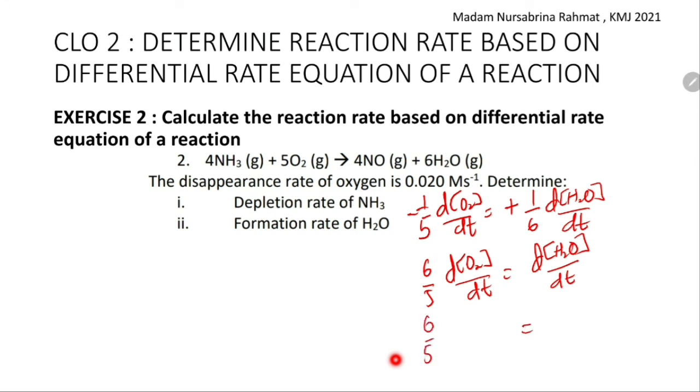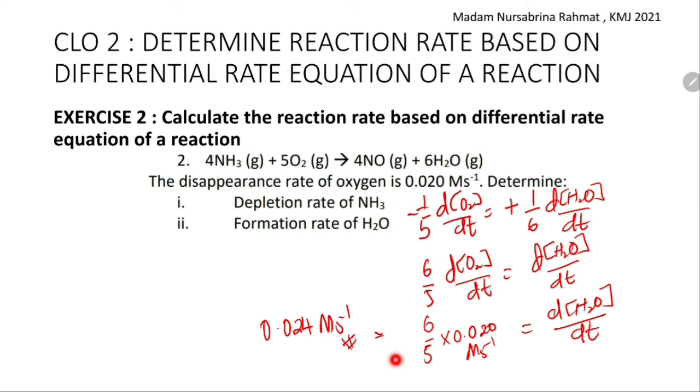So 6 over 5 times 0.020 molar per second. Then you press your calculator and you will get the answer to be 0.024 molar per second. Make sure to write down the unit.